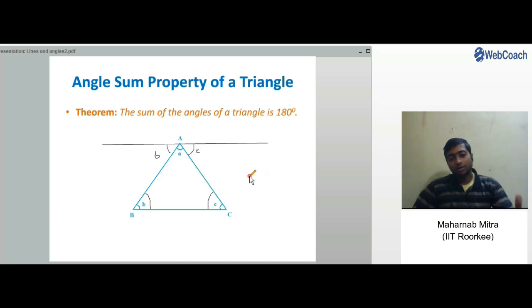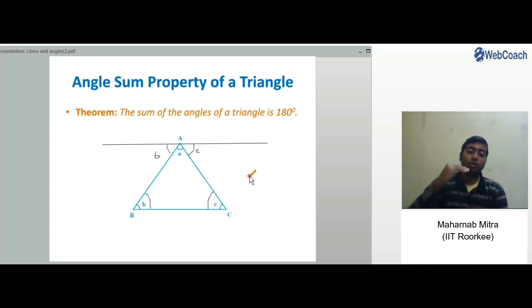So you can see all the angles A, B, C are lying on the straight line, and if the angles lie on a straight line, they must add up to give a straight angle, which is 180 degrees, right? So what we have done here, first we have constructed a line parallel to the base BC.